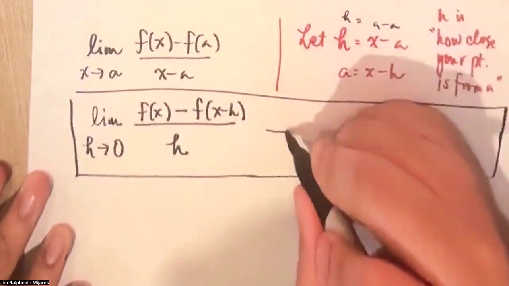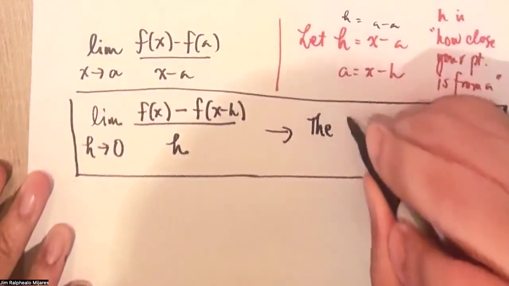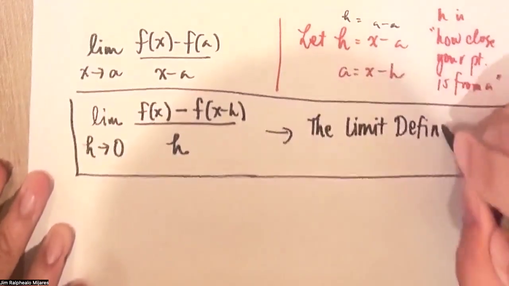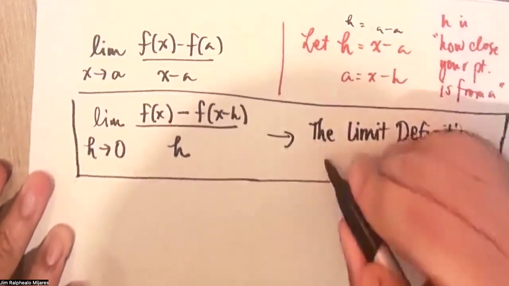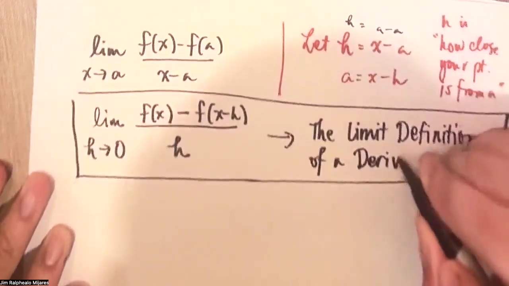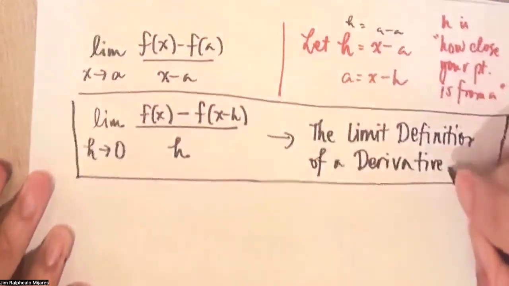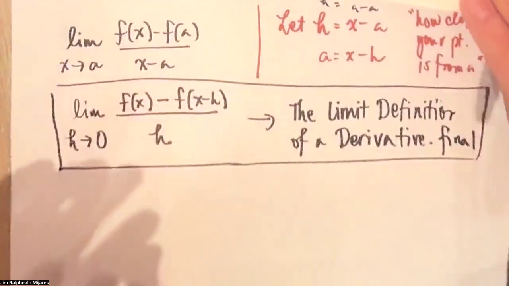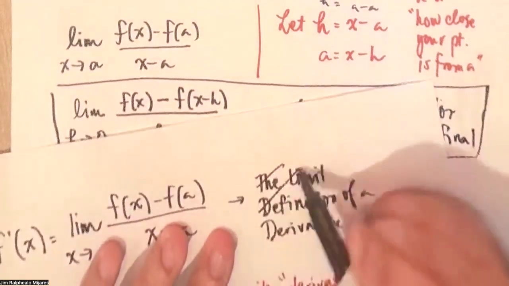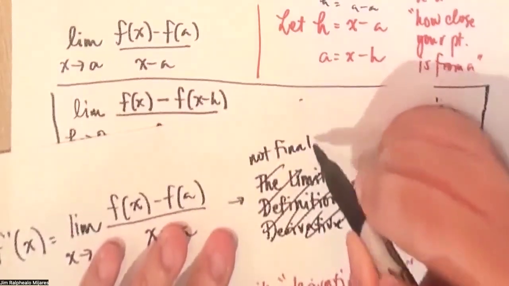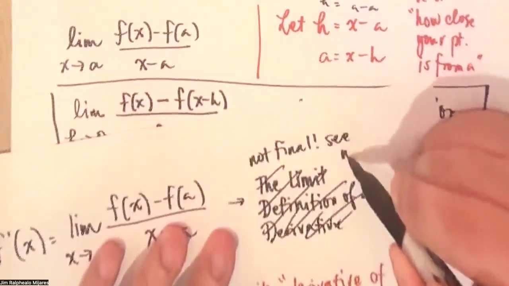This right here is the limit definition of derivative. Okay, so I think I need to cross out the word final. Not final. See next page.